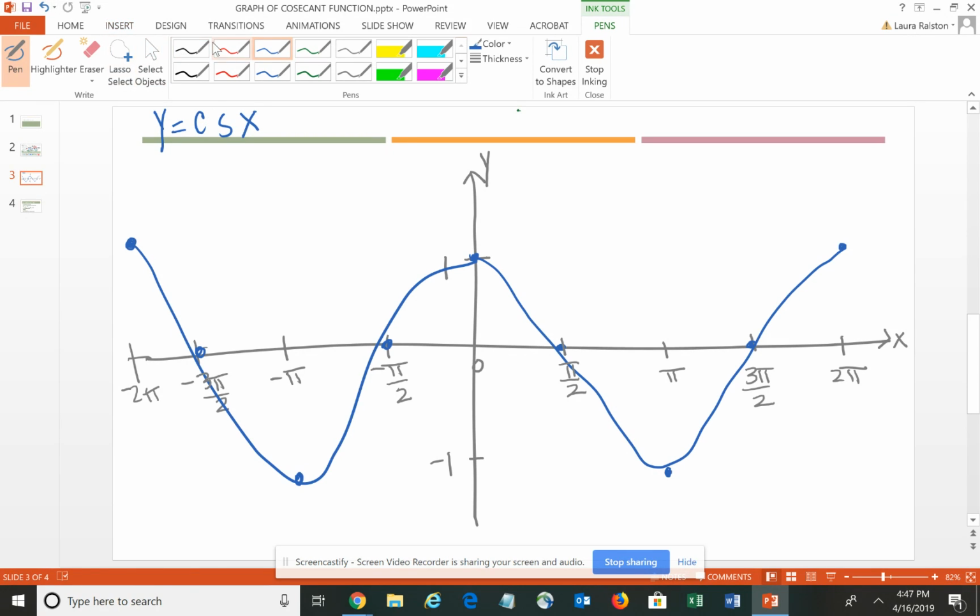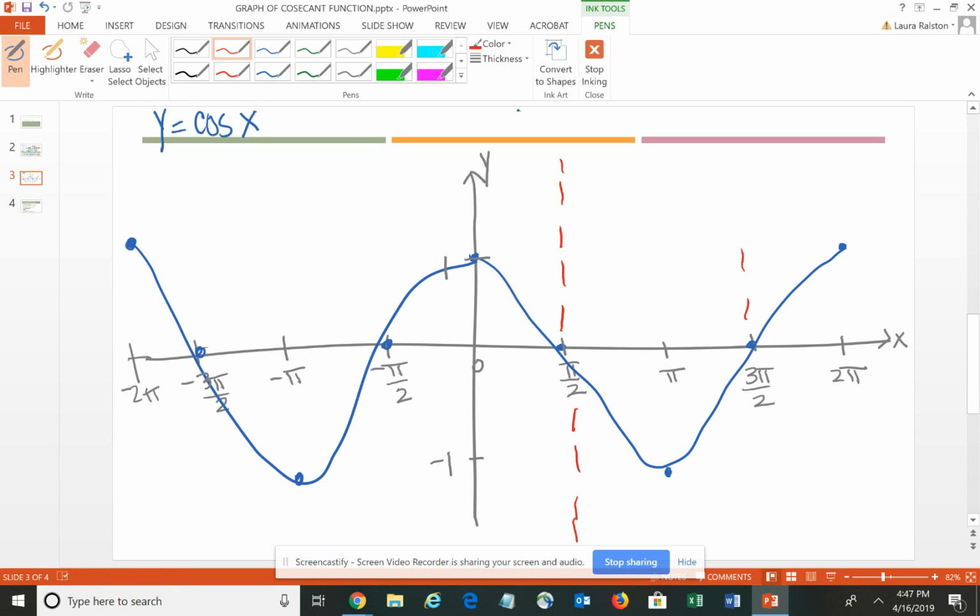So let's think about what the secant would look like. To graph the secant, again, wherever the cosine is 0, your secant is going to be undefined. So that's going to be at pi halves, and we would have a vertical asymptote there.